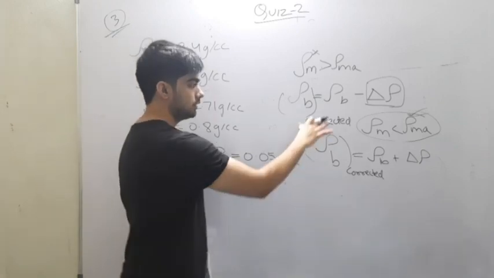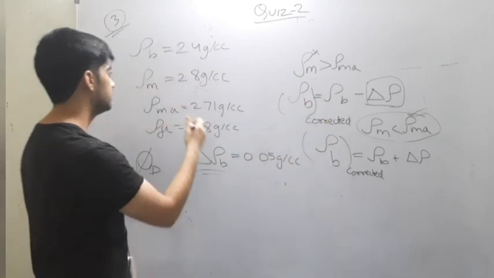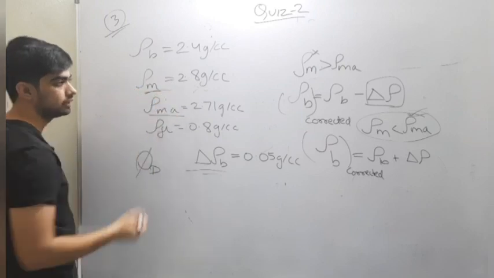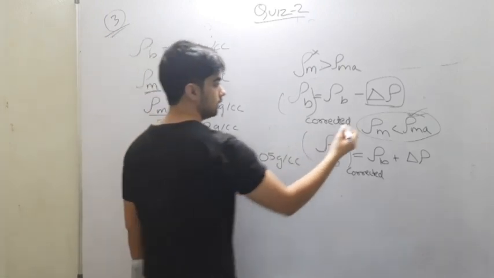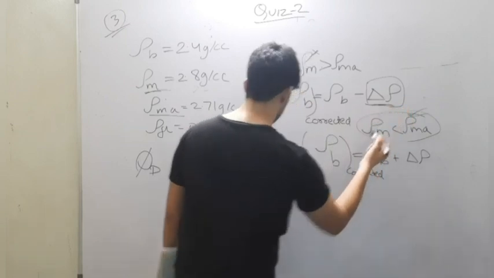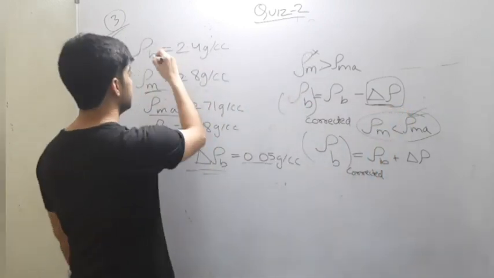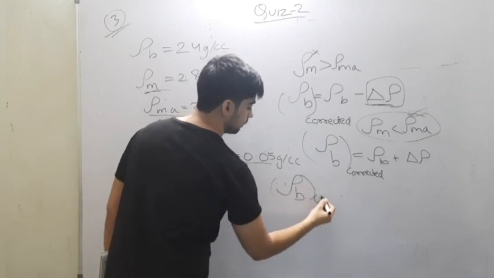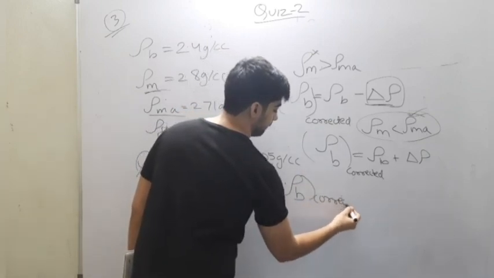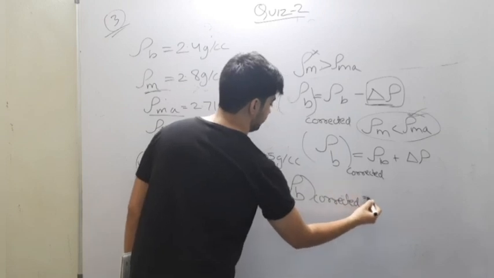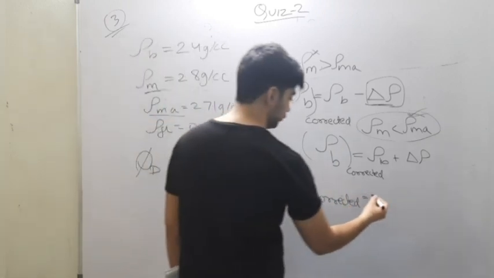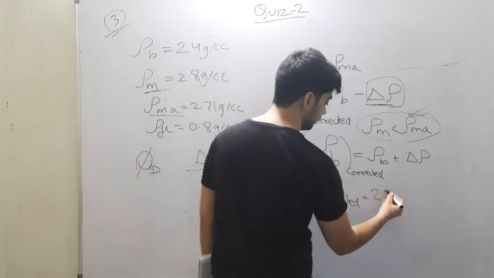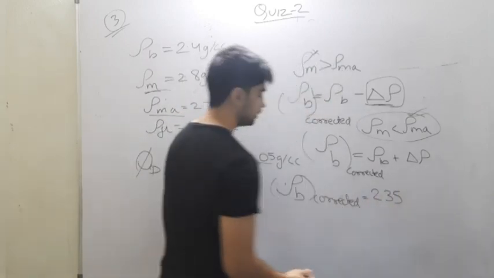Now, since this is an unusual case in which the density of mud is greater than matrix, therefore you will subtract this correction factor from this reading. So corrected rho b will be equal to 2.4 minus 0.05, which will be equal to 2.35.